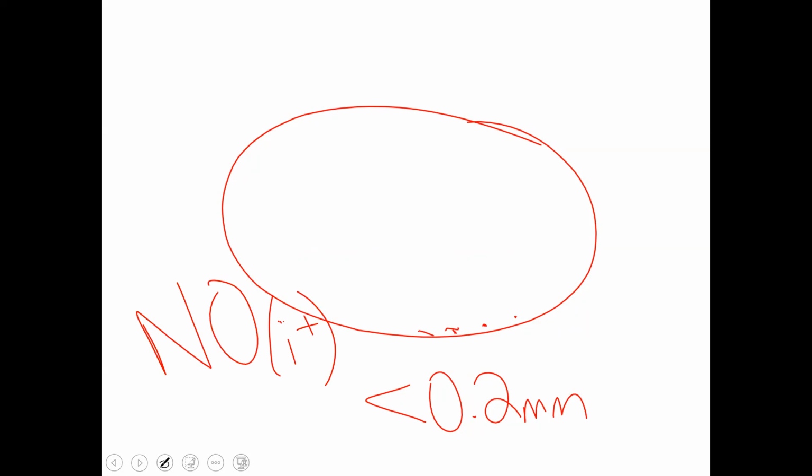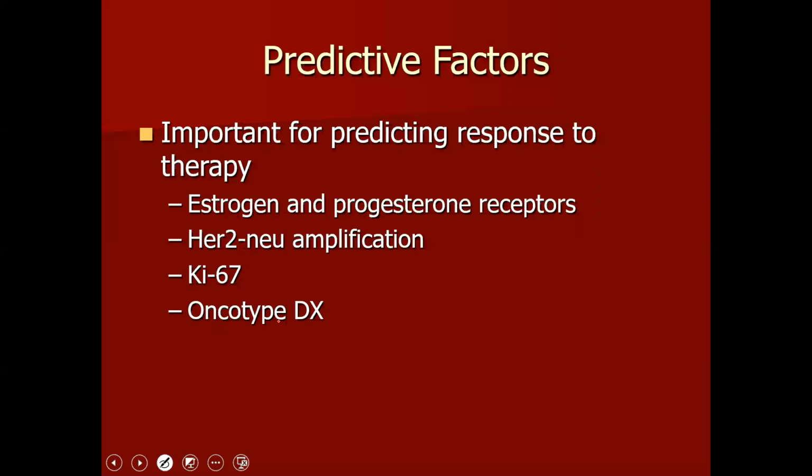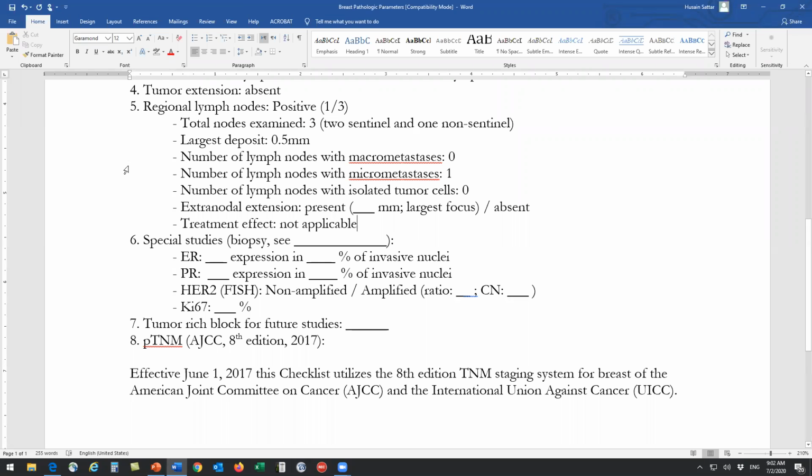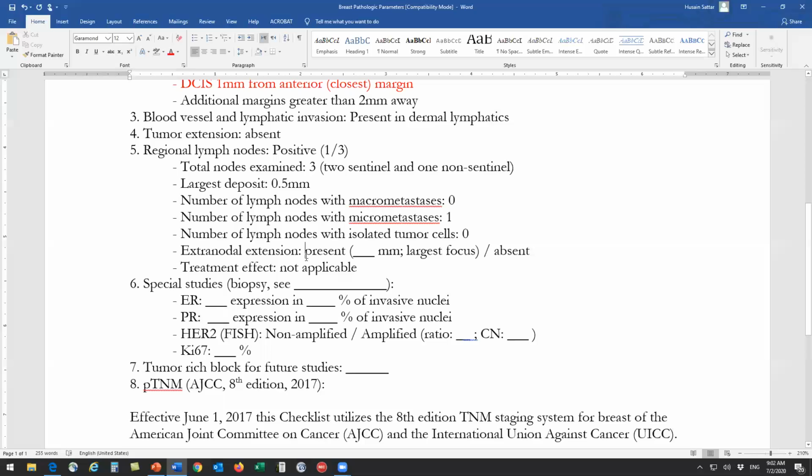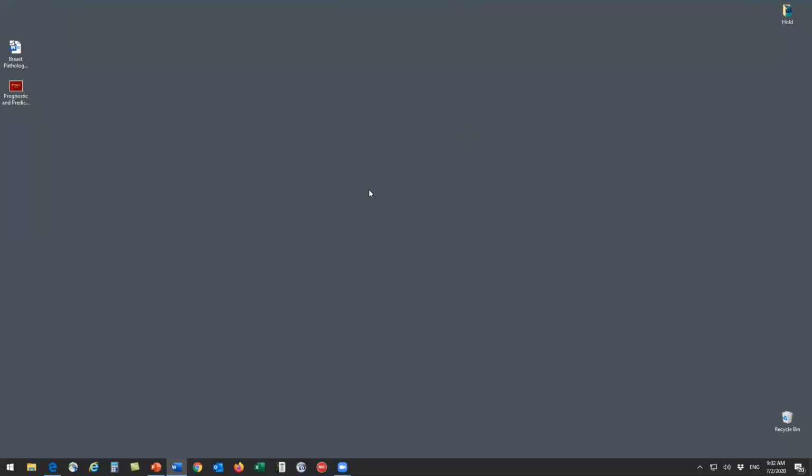I+ just means they have isolated tumor cell clusters. So that's why we provide so much information here in this regional lymph node section.